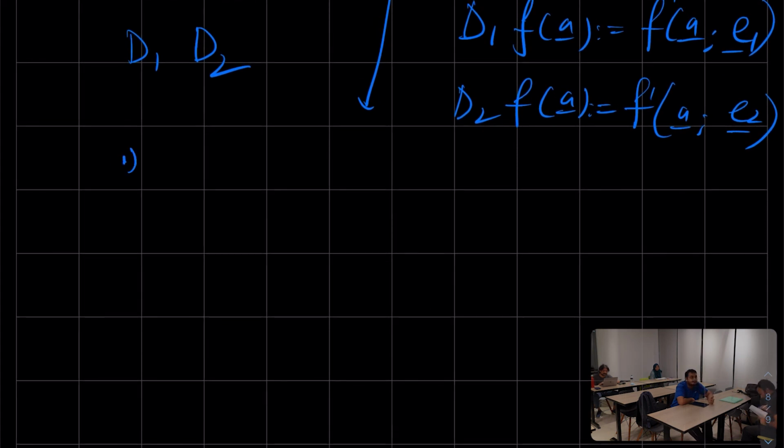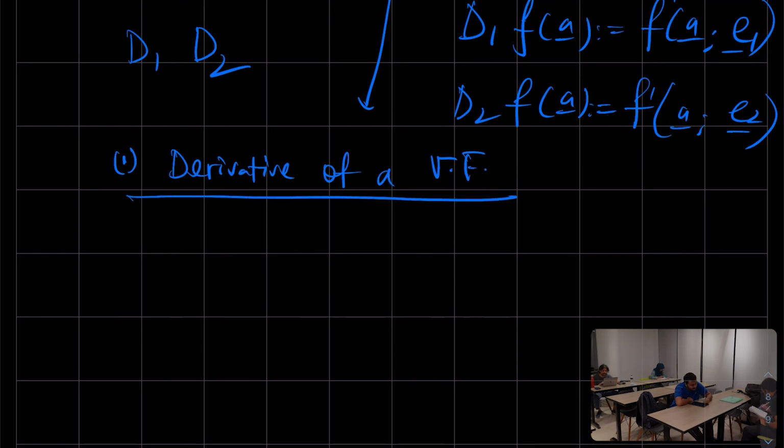Okay, so derivative of a vector field. So let's start a new thing. Derivative of a vector field. This is our derivative theory for scalar fields, and most of the constructions will be mimicked. This is straightforward.